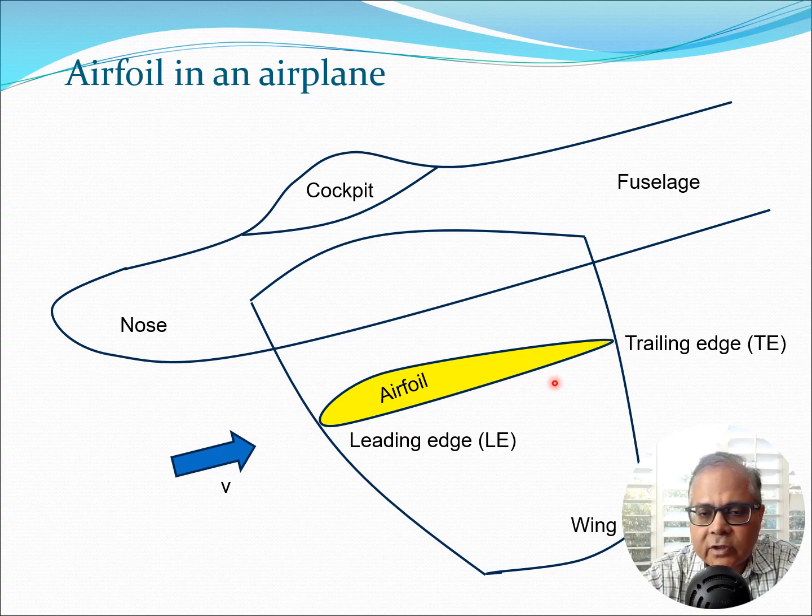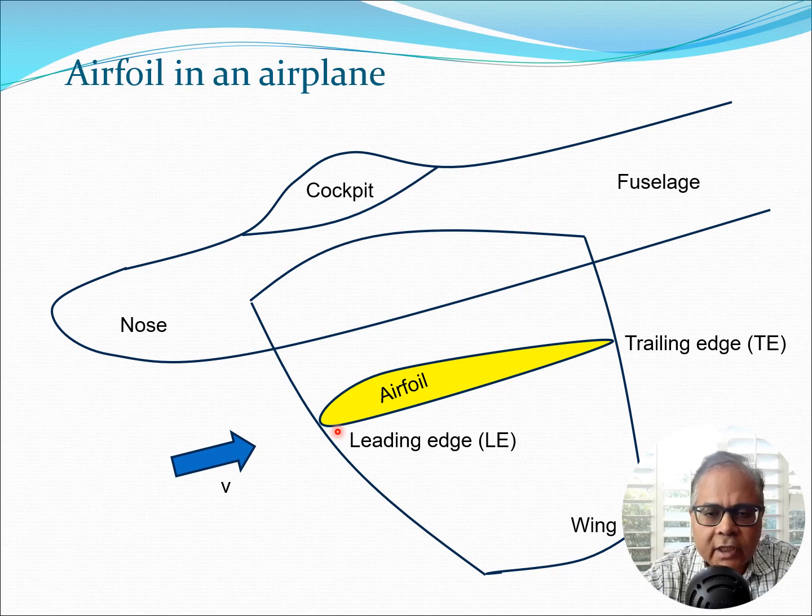Now the airfoil section looks something like this. There is a sharp trailing edge, there is a smooth leading edge, and then the airfoil is typically thicker somewhere in the middle or near the quarter chord, and it's typically thinner towards the trailing edge or sometimes toward the leading edge.